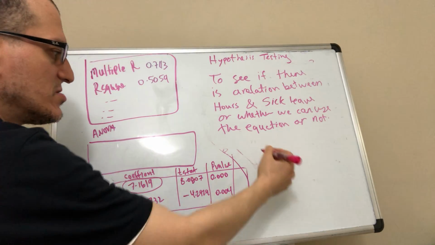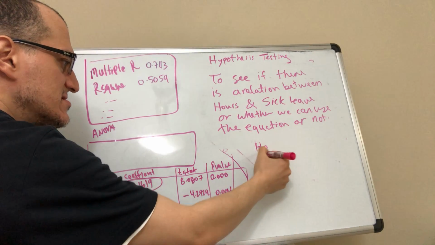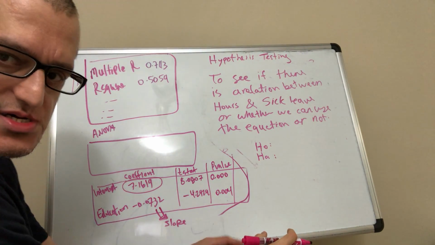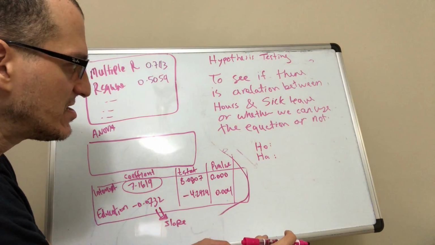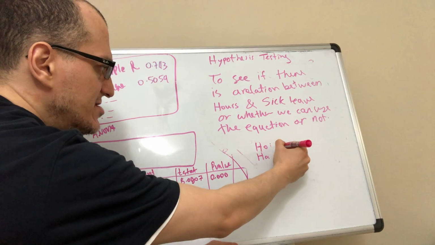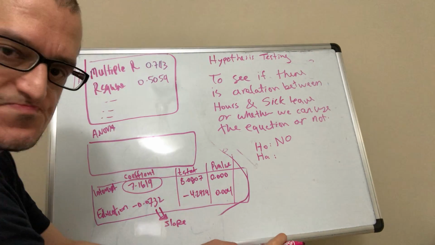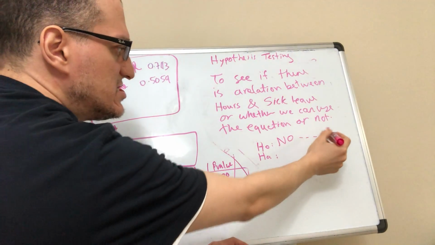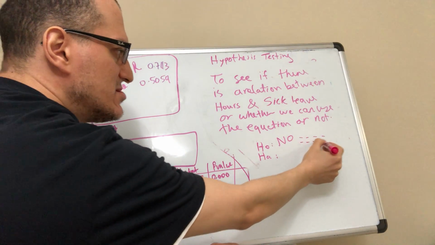Okay, when you do this hypothesis, you start with H0 and HA. In this type of hypothesis testing, H0 would be the no. So you'd say, no, there's no relation, no, we cannot use the equation.